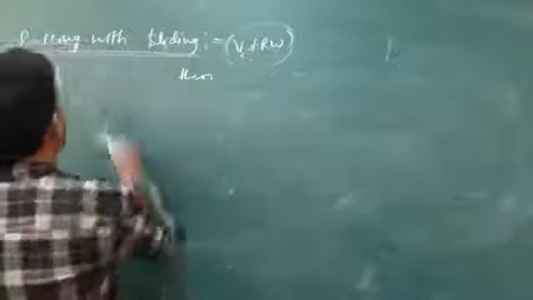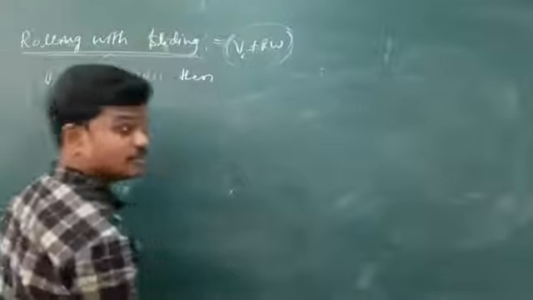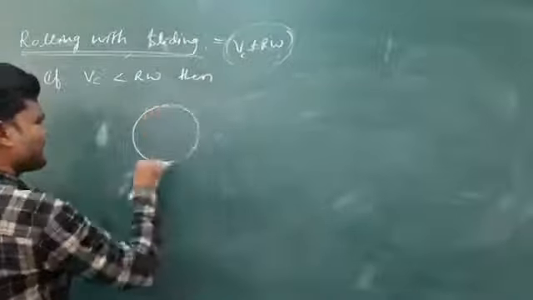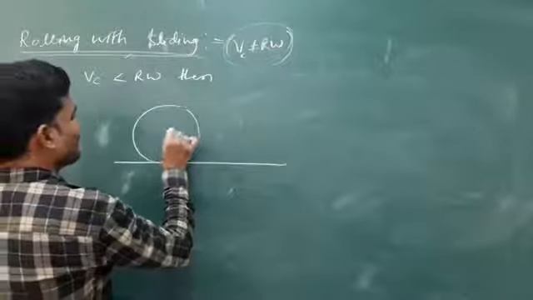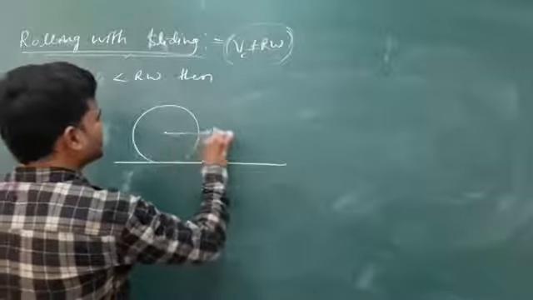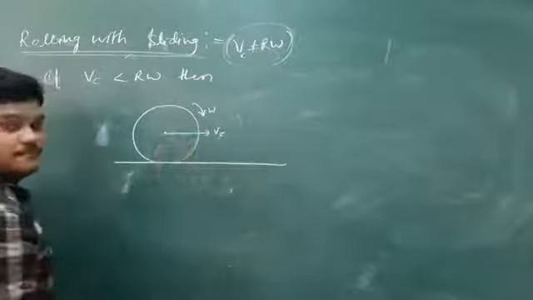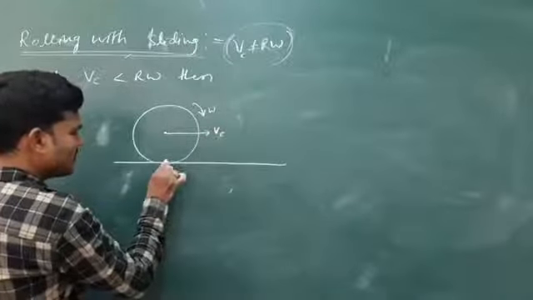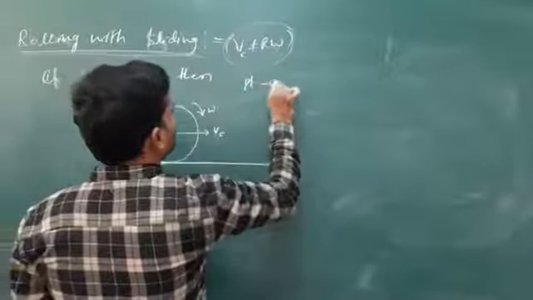Here, if Vc is less than r omega, the linear velocity is less than r omega. If Vc is less than r omega, then the point of contact will shift backwards.